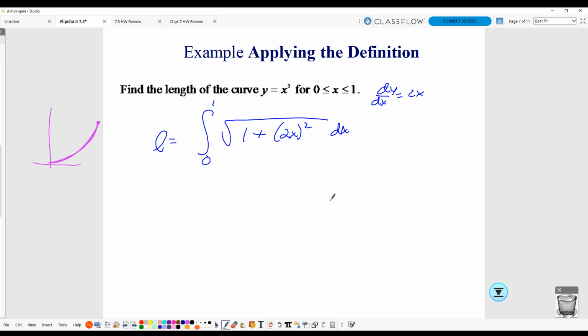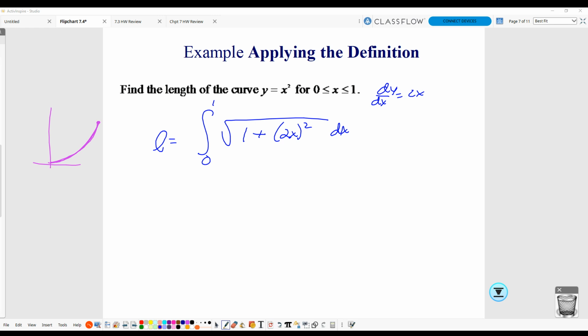Be careful, it's 2x squared, which is not 2x squared, it's 4x squared. So typing that in on the calculator, I kind of recommend you do the 2x times 2x and get 4x squared, because otherwise it's a pain to type.